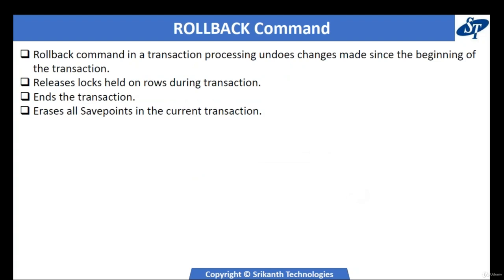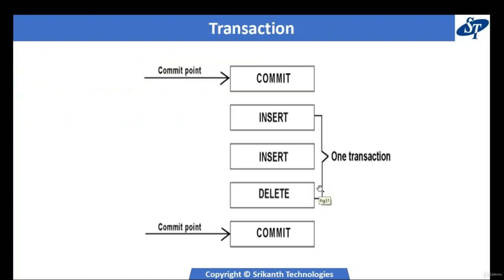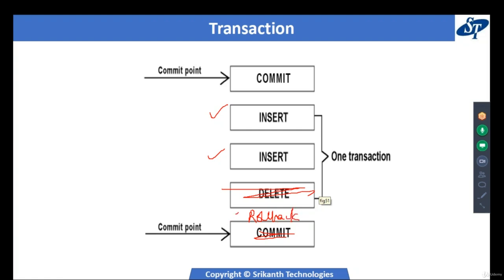In case you decide to roll back, meaning undo the changes you have made, then the command to be used is rollback. And if you say rollback, then all the changes you have made are undone. For example, after this and after this, you have decided to roll back. So maybe you say something like rollback here. If you say rollback, it is going to roll back all the changes you have made from the previous commit point.